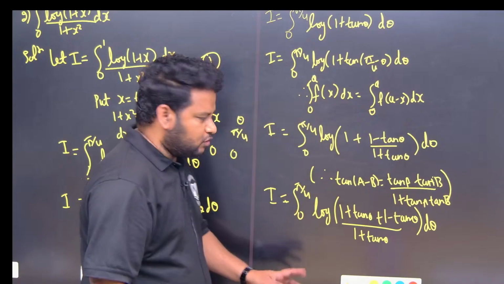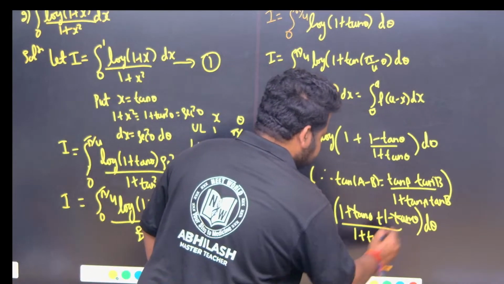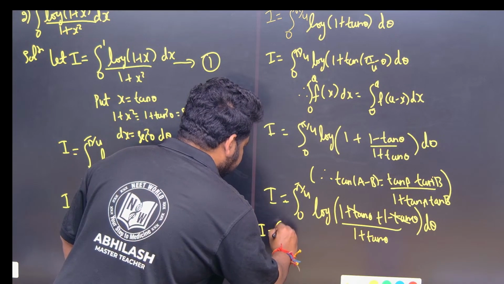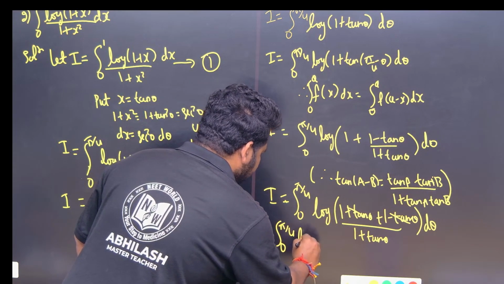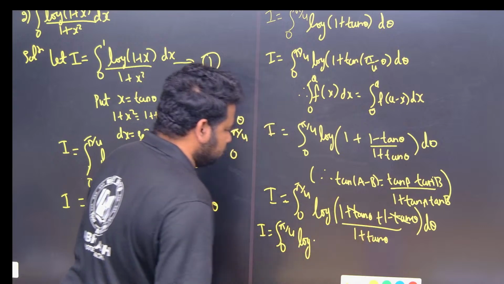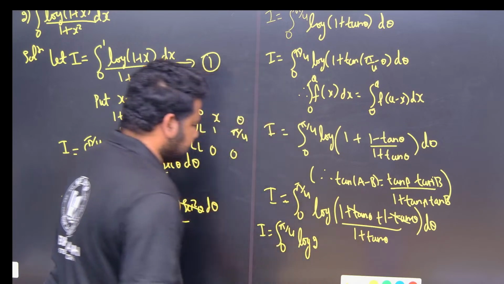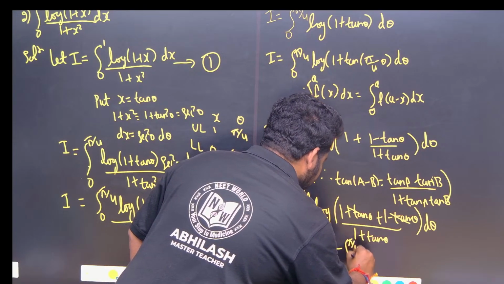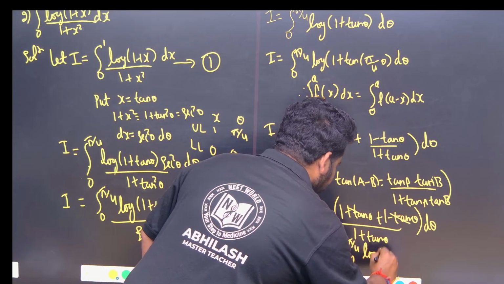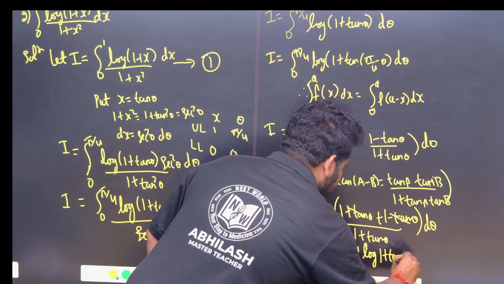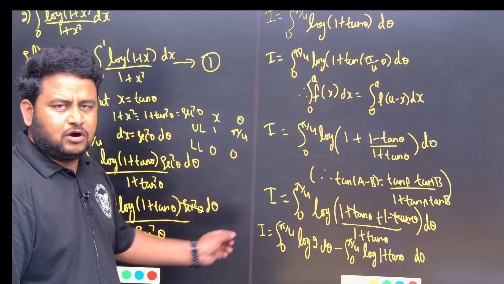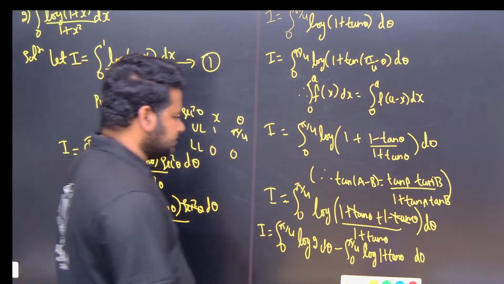Now the tan theta cancels, and 1 plus 1 is 2. So I is equal to 0 to pi by 4 log 2 d theta minus 0 to pi by 4 log of 1 plus tan theta d theta. Why? Because log of a by b is equal to log a minus log b. I can write the reason here also.